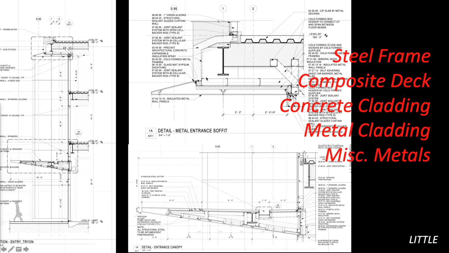So in this case, we've used a set of miscellaneous metals that are beginning to be supported here. We've got these little stems and extensions of the steel work that are then helping to support a set of steel channels.